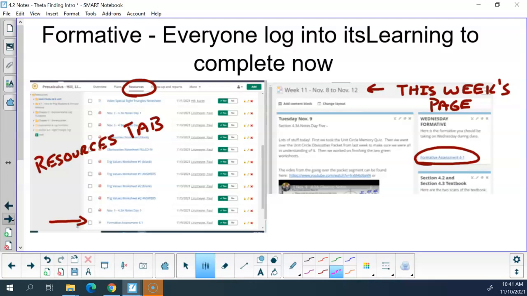If you don't see either one of those, you can go under the Resources tab for sections 4.2 and 4.3 and scroll down until you see Formative Assessment 4-1. Or you can go to this week's page in the Resources tab or in your plans, and it has its own designated box. Okay? Your test, the formative, is online.